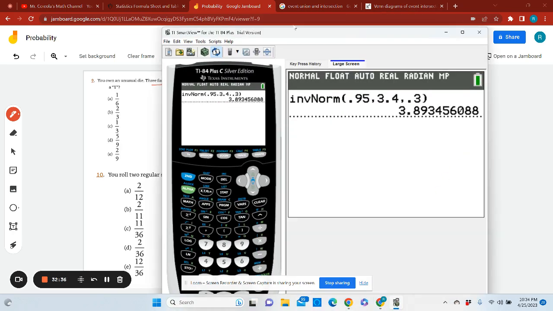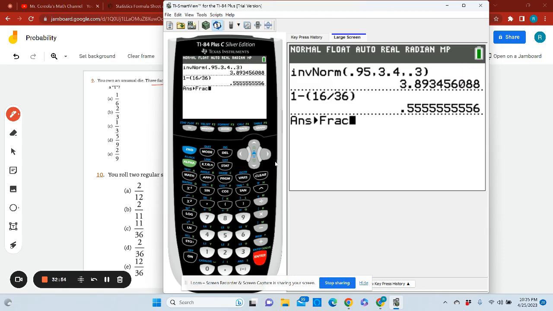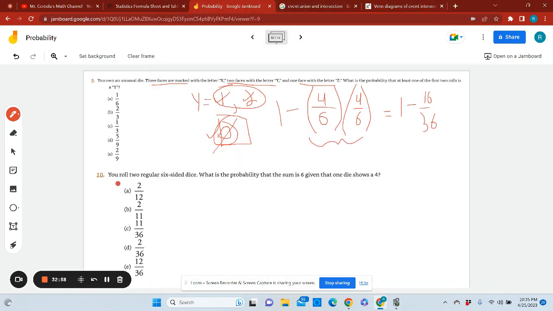We can do that in our calculator: 1 minus 16 out of 36. That's going to leave us with a decimal. We'll hit math fraction, and we get 5/9, which is an answer here. Answer choice D.